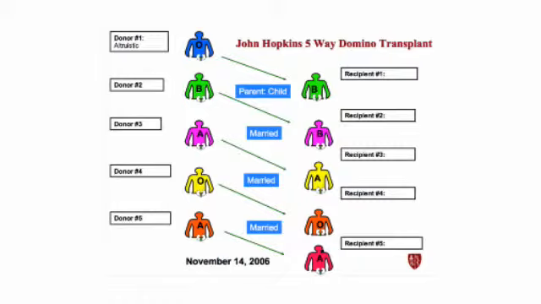By using that altruistic donor, they were able to start a domino of swaps where this O donated to this B, this parent donated to another spouse, and so forth, and then the final donation went to someone on the deceased donor list. So it's a very nice situation where you get 4 patients who've brought potential donors to the table, and 1 patient who's been on the deceased donor list gets transplanted also.